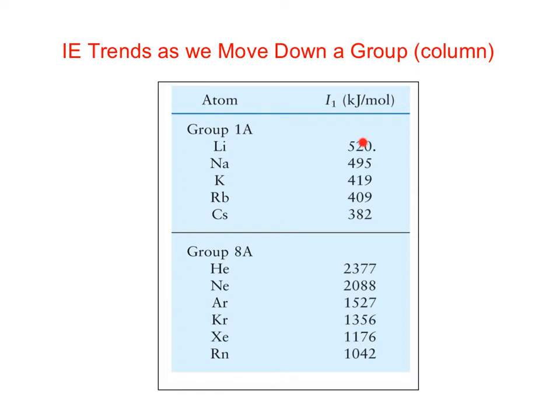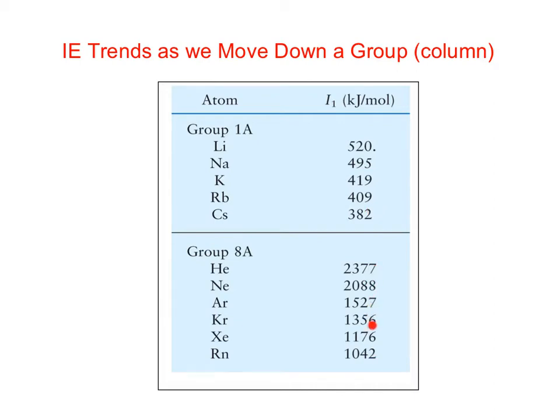Another interesting thing to point out, the ionization energies of the alkali metals are fairly low, at least compared to the noble gases. And that might make sense because we know that alkali metals, when they form ions, they like to form positive ions. So it must not be very hard to take their electrons away compared to other elements, right?